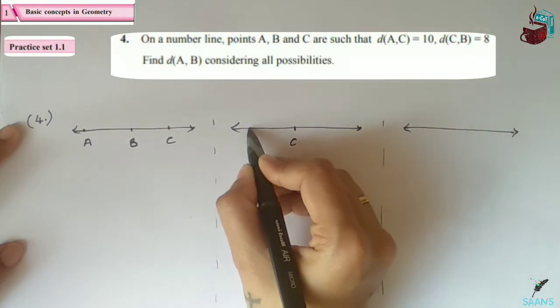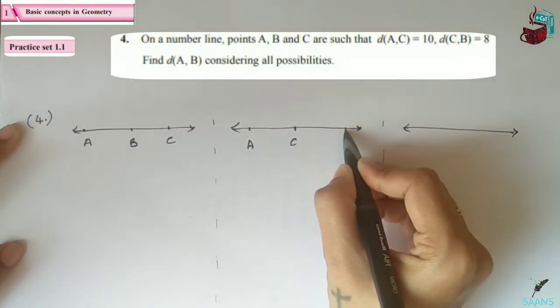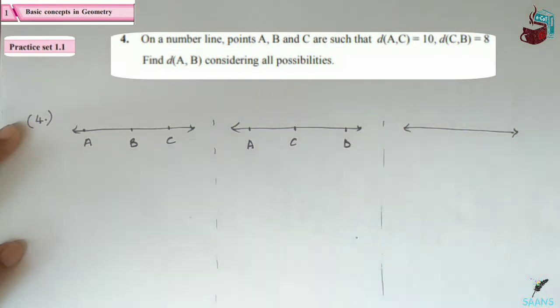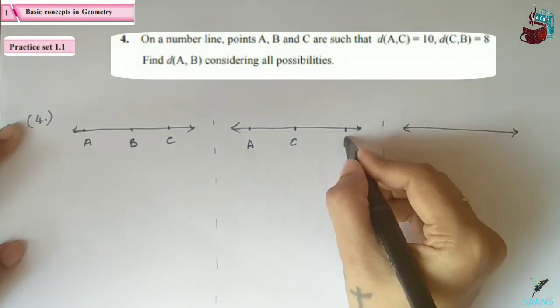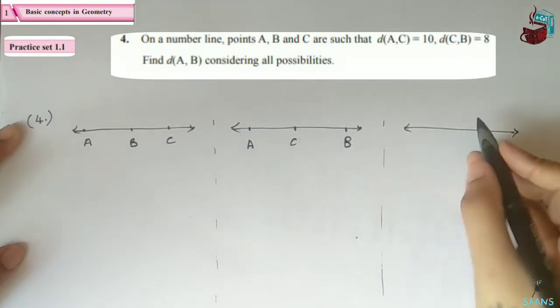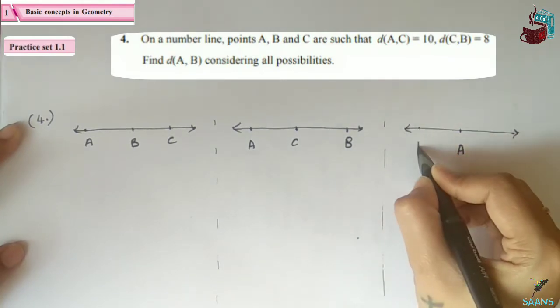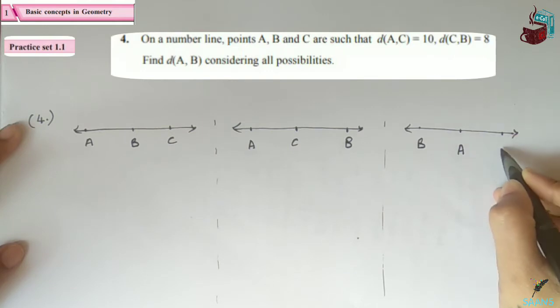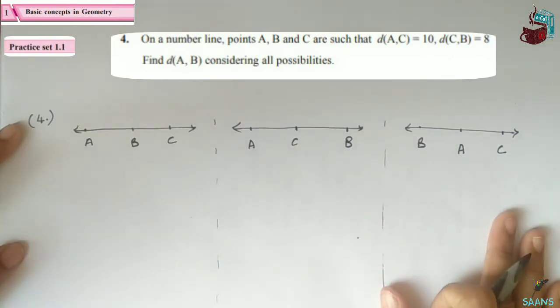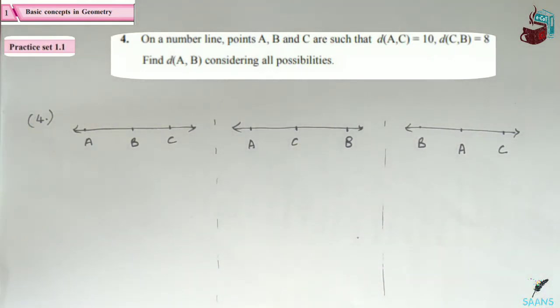If I take C in the middle, A and B will be on the sides. Now let's take A in the middle. If I take A in the middle, B and C will be on either side. So these are the only 3 possibilities. There's nothing apart from this.